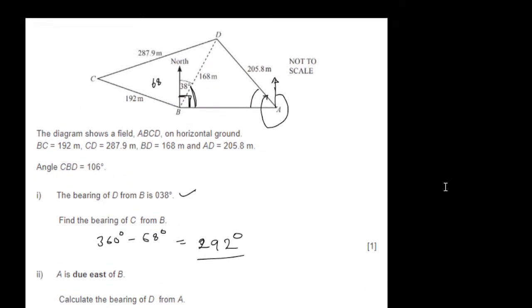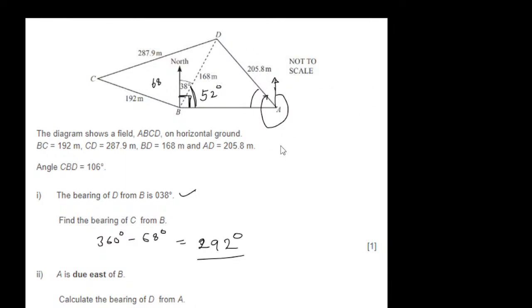So as this particular angle is 38, here it will be 90 minus 38, so 90 minus 40 is 50, so this is 52 degree. So here I have 52 degree. One side, two sides are given, so can I use the sine rule here?